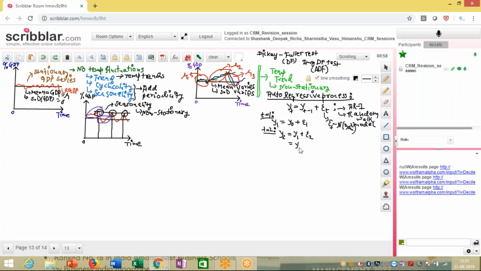Sir, can you please help explain the randomness that is being explained? Yeah, I am explaining the randomness only. So this becomes y0 plus e1 plus e2, and this keeps on continuing. Let's say I start evaluating this for any k periods.